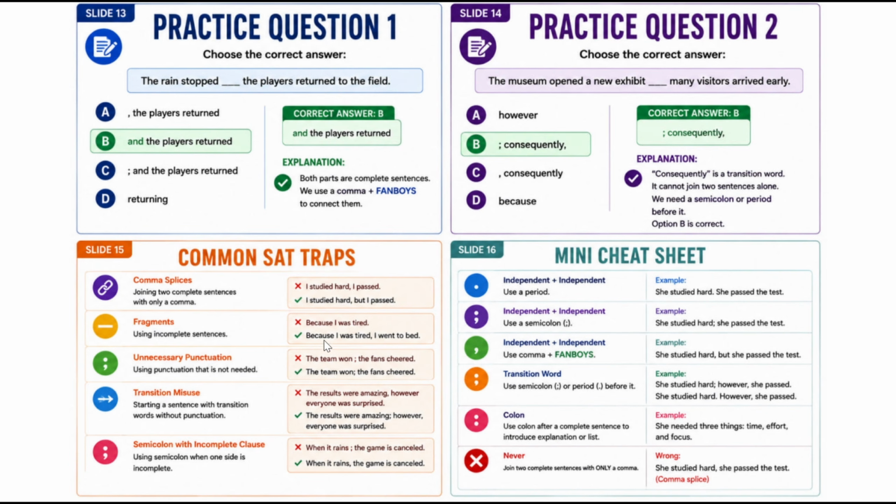Because the first clause is dependent and the second is independent. Trap number 3, transition words. Wrong: The results were amazing, however everyone was surprised. Correct: The results were amazing; however, everyone was surprised.